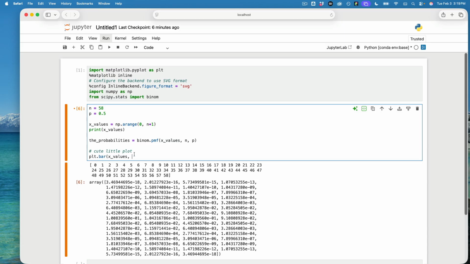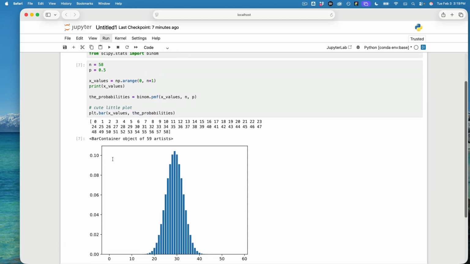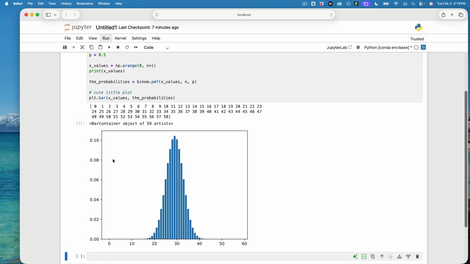And let's just see what it looks like. Look at that. Very pretty. It's cute and little. Looks like one of those Art Deco buildings, right? Like the high-rise Gotham City structure. Very nice.